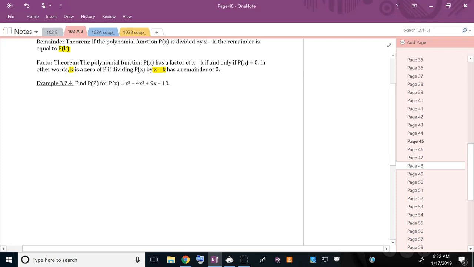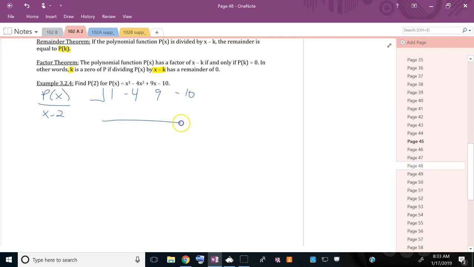Alright, so let's say I've got the function p of x is x cubed minus 4x squared plus 9x minus 10. So, to find p of 2, that means I can take p of x and divide it by x minus 2. I'm using that remainder theorem. So I've got 1, negative 4, 9, and negative 10.